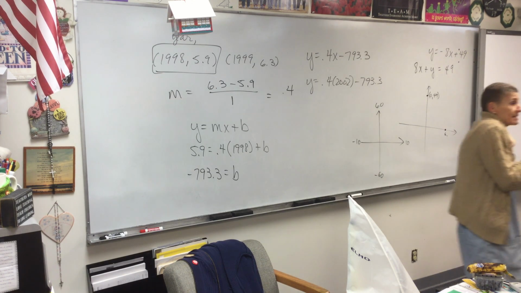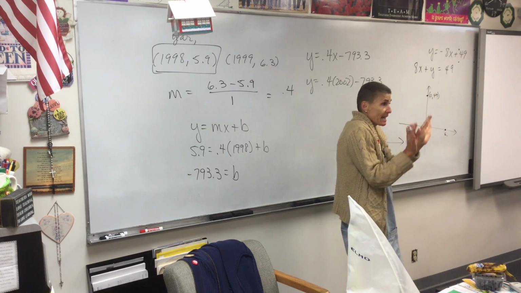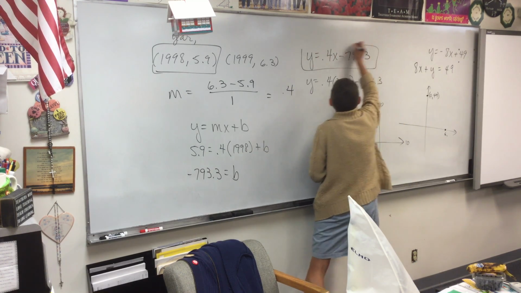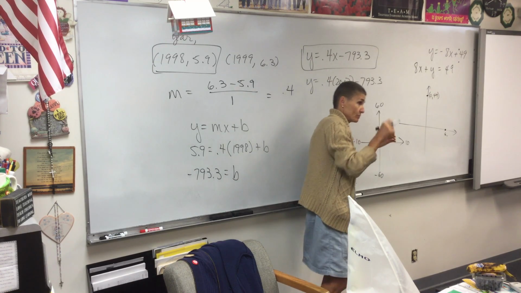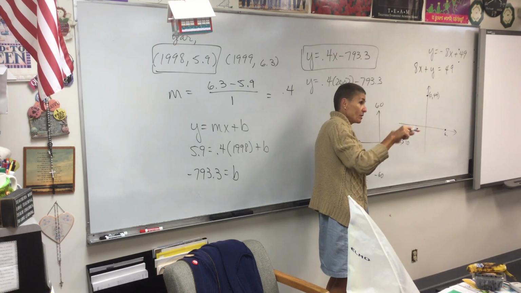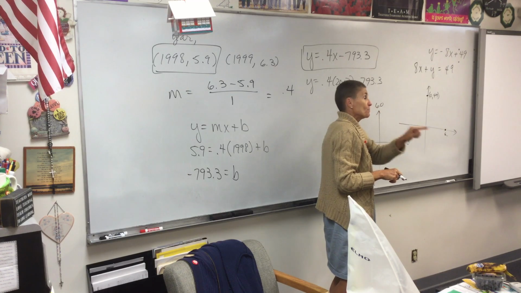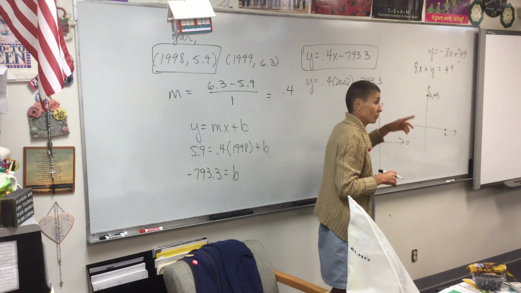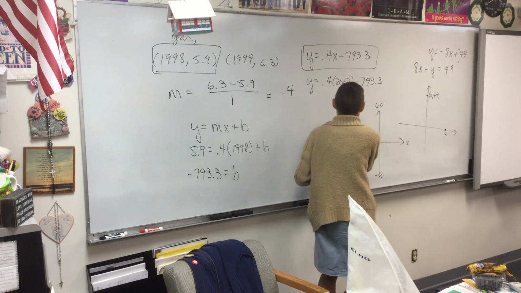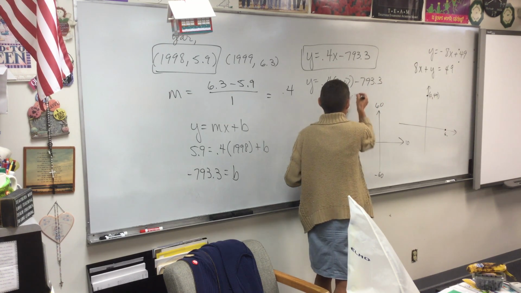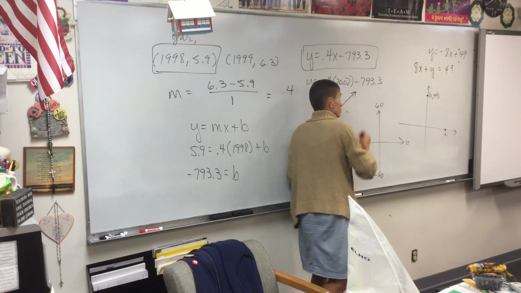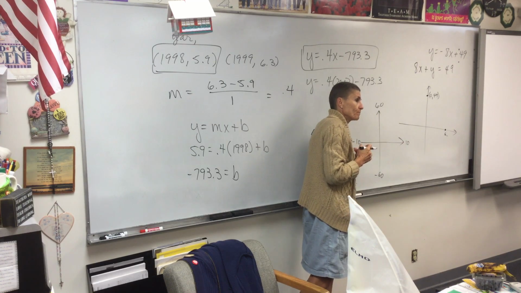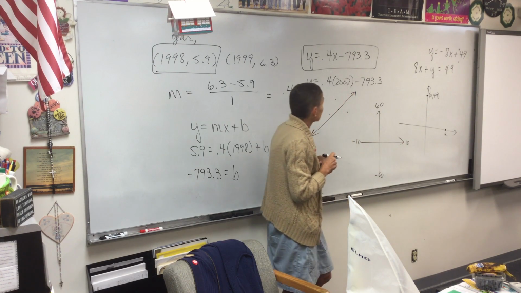At the same time, in your regular y equals menu, the button that says y equals, put this equation in, and it will graph both the equation and your scatter plot. Hopefully, you're going to have a situation where the line is right in the middle of all of those points.